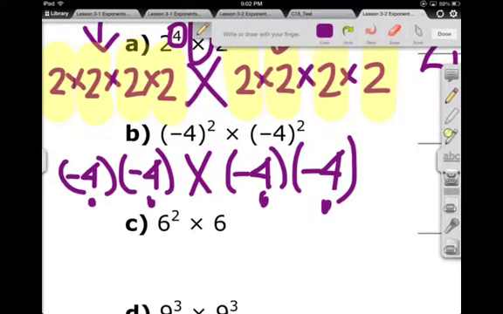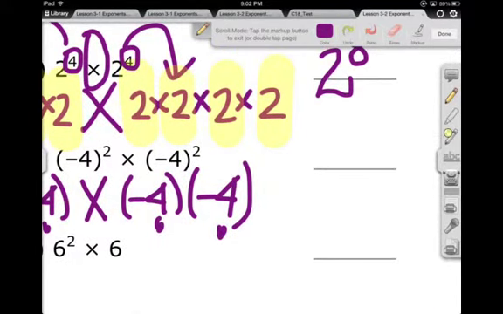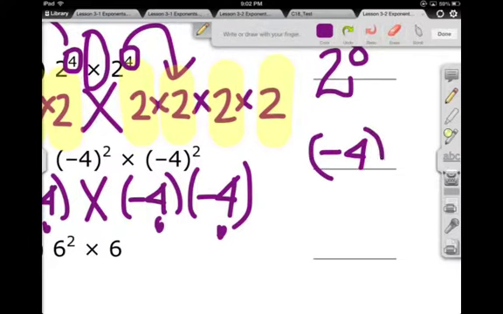There's the fourth multiplication. So we're starting to see a pattern emerge with multiplying when we're talking about the same thing. In the above example, the base was 2. In this case, the base is -4. So we could say that -4 was multiplied 4 times.